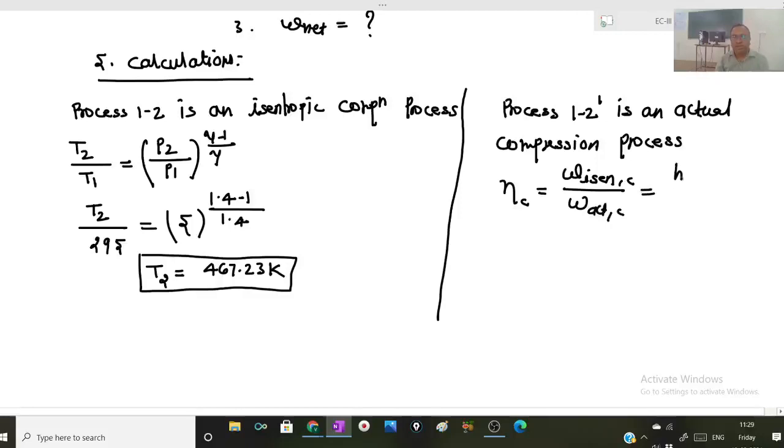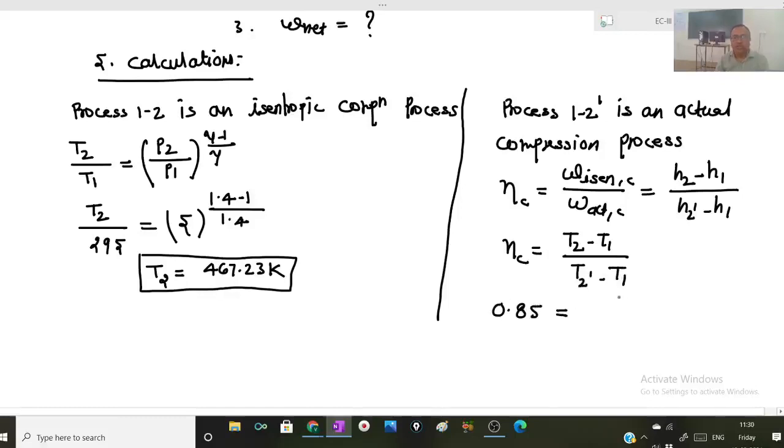It is given as H2 minus H1 over H2 dash minus H1. In terms of temperature, it will be T2 minus T1 over T2 dash minus T1. Efficiency is 0.85.